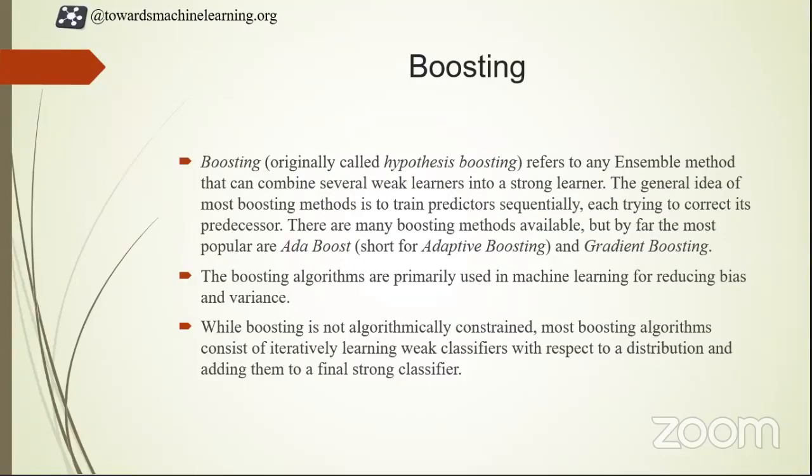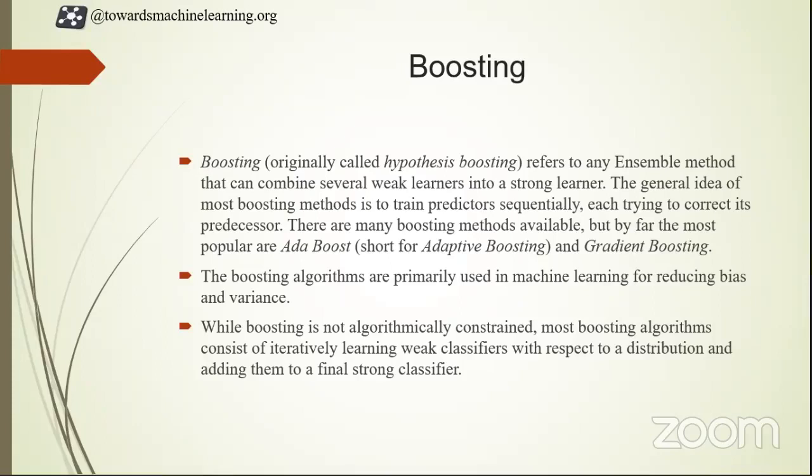So boosting refers to any ensemble method that combines multiple weak learners to form one strong learner. The general idea behind most of the boosting methods is to train the predictors sequentially. As we have seen in the previous slide, we are training our weak learners in a sequential approach, each trying to correct its predecessor.